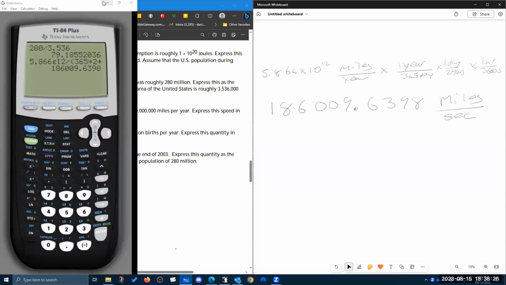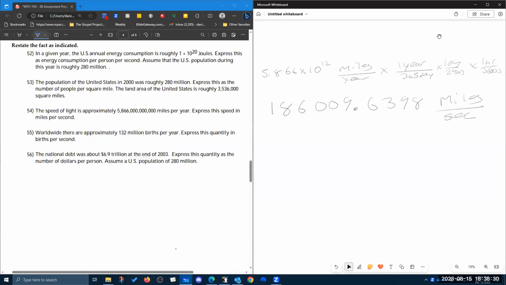We're going to round this to the nearest tenth of a mile, like so.